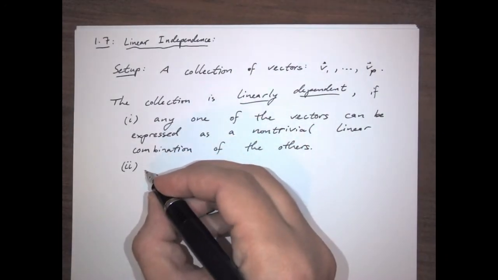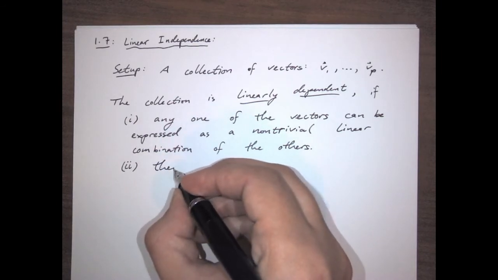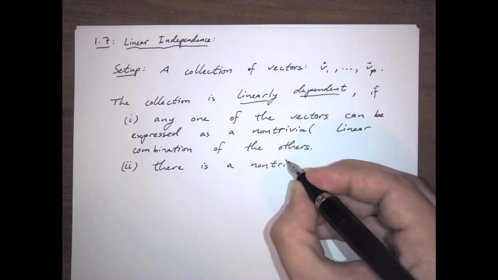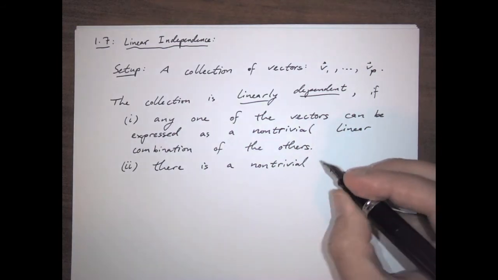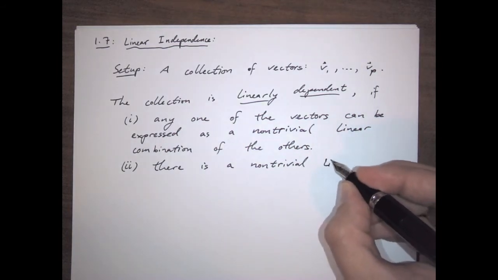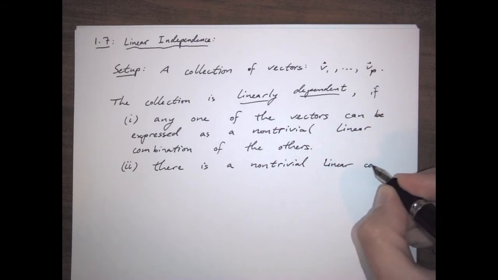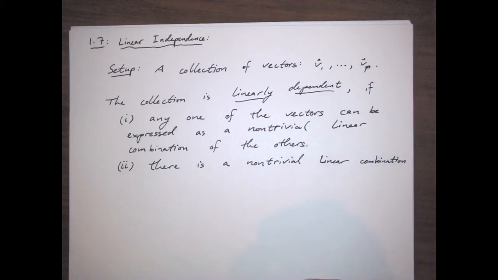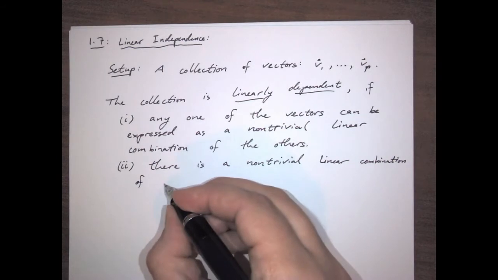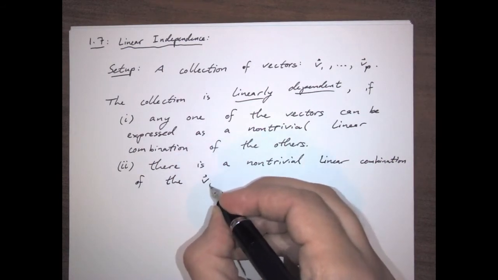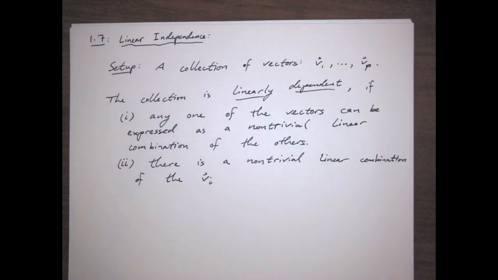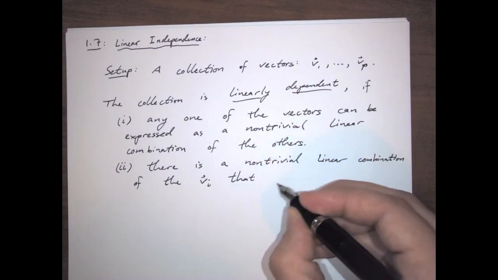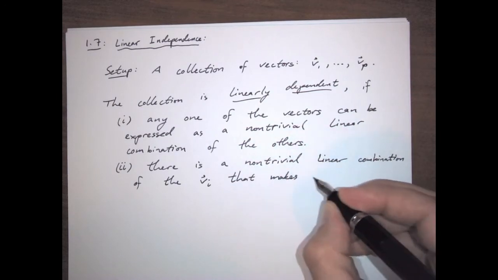So the second way of expressing this would be: there is a non-trivial linear combination of the vi, which is a way we can refer to the whole class of the vi, that makes 0.